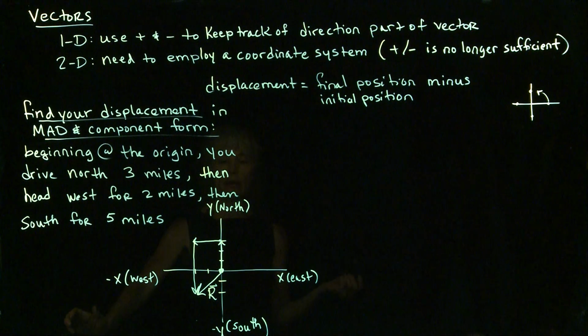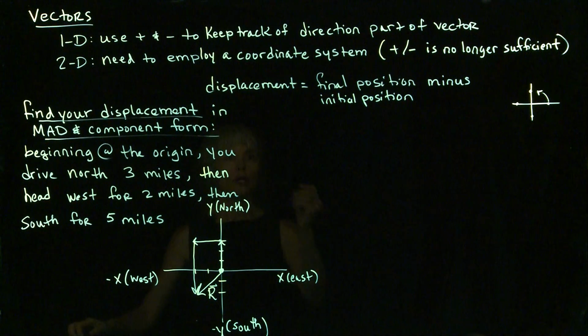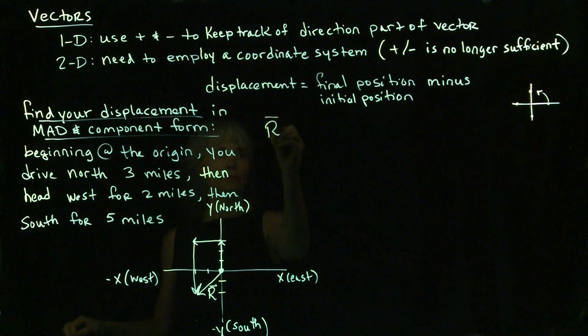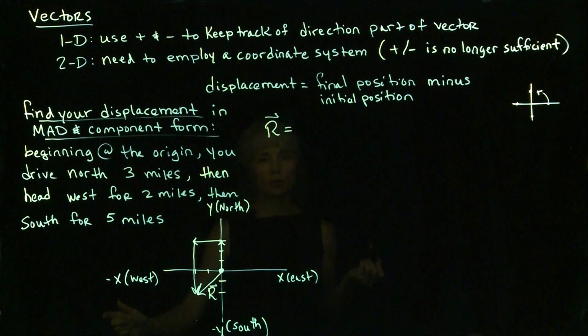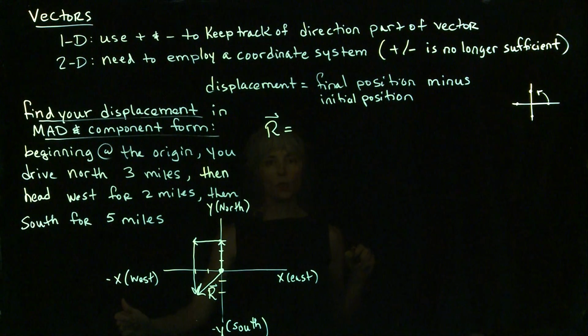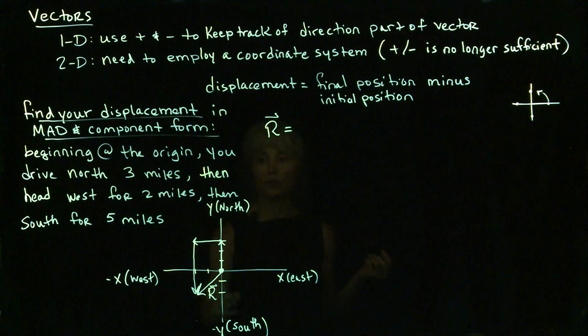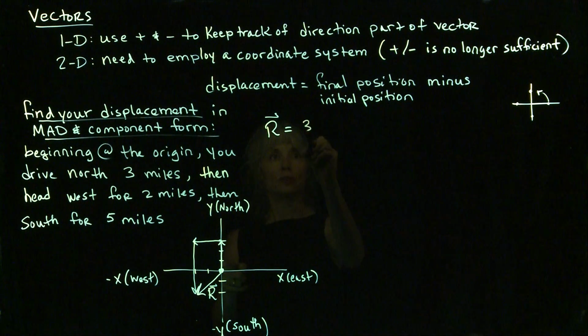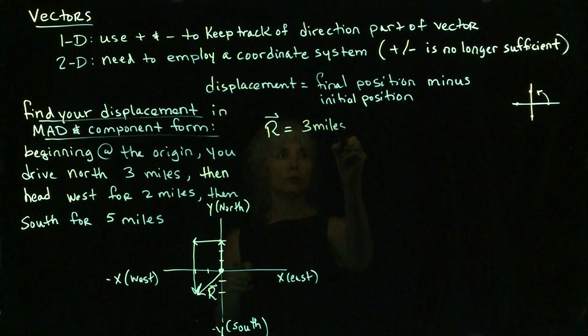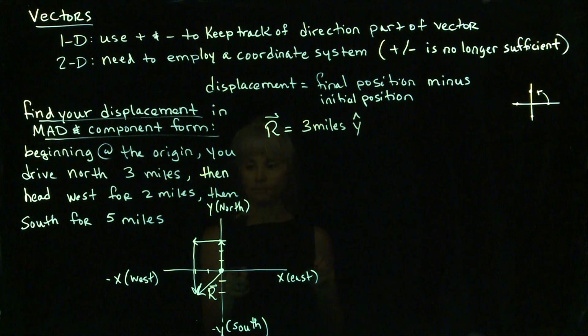So first of all, let's look at the component form of vector R. Vector R is going to be equal to, we need these 3 vectors added together, and we're going to use those unit vectors that I introduced in previous videos so that we can distinguish all of them. And then remember that we only add x's to x's and y's to y's. So we are heading north, that's positive y-axis, for 3 miles. So the first displacement is 3 miles, and that's along the y-hat direction.